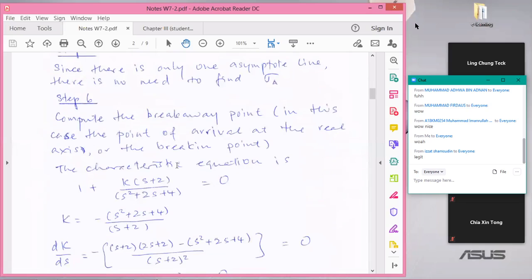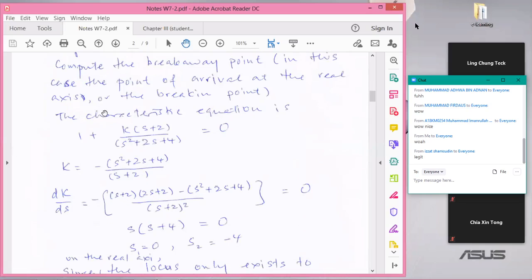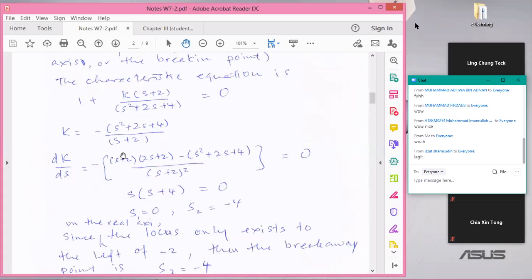Okay, so this is the characteristic equation. Rearrange that, solve for k as a function of s, differentiate that and equate it to 0. Again, this is a quotient, so you can use the quotient rule. Please refer back to your engineering mathematics notes on how to take the derivative of a quotient.